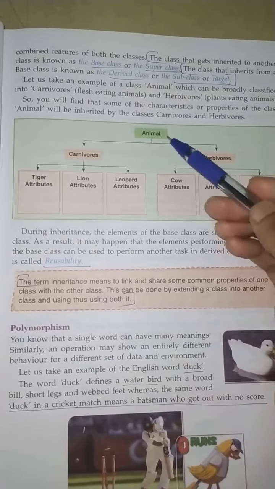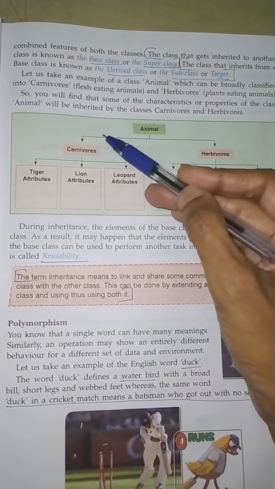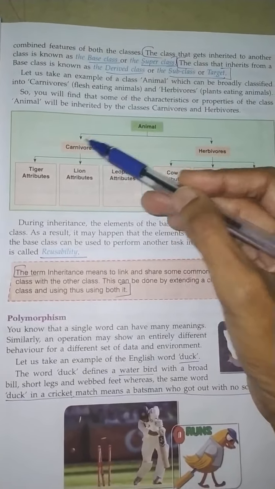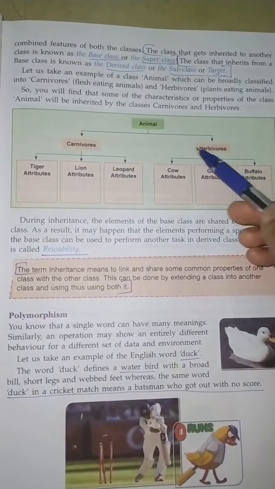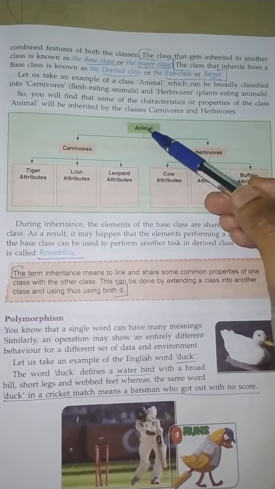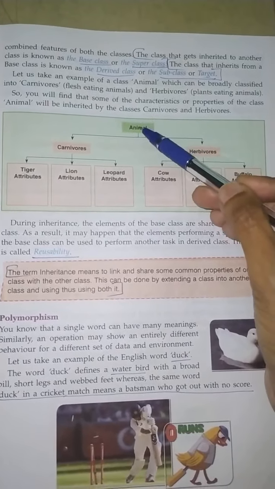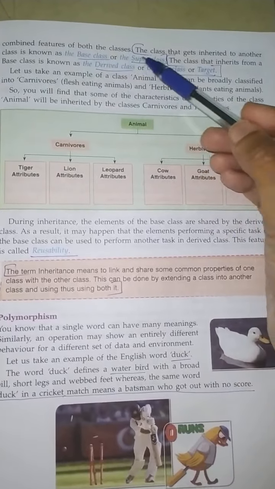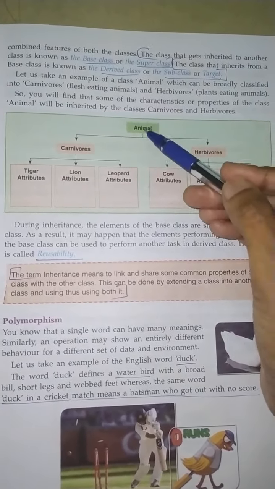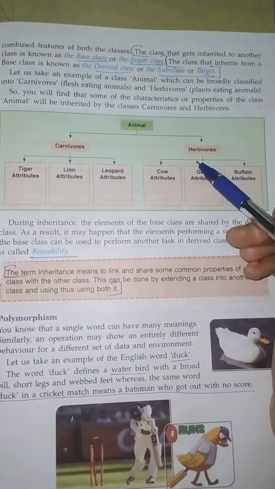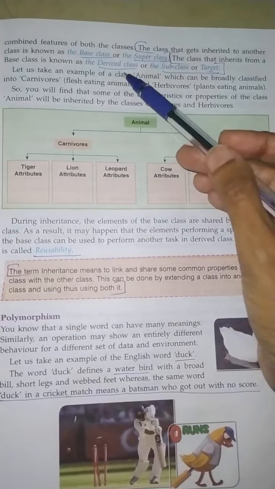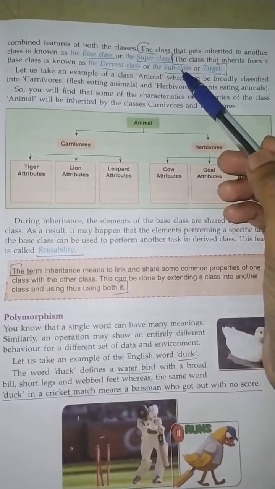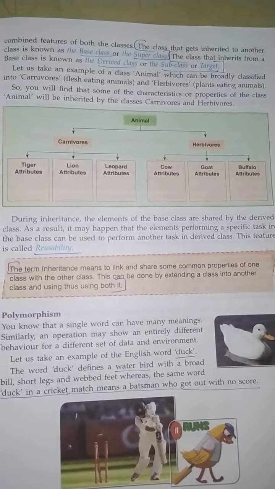For example, from this animal class, we are inheriting some properties for carnivores and herbivores, which we can classify under this class. This class we can call the base class or super class. And the two classes we derive, we can call derived classes or subclasses.